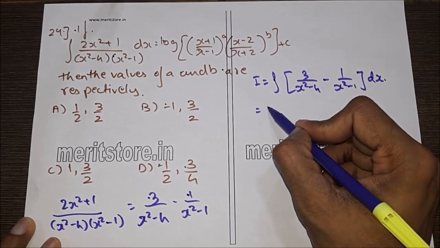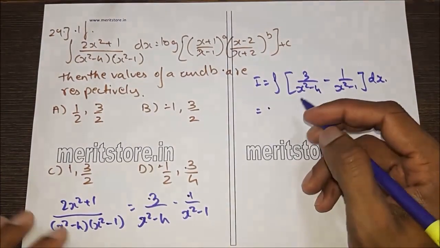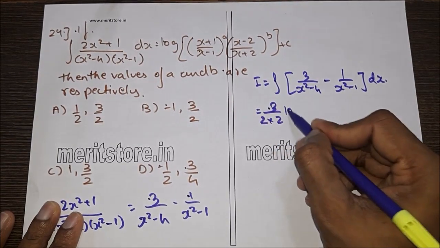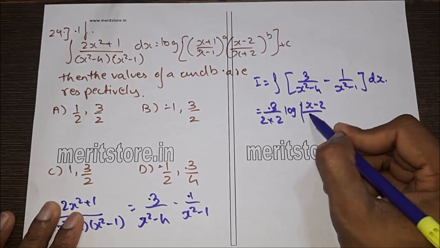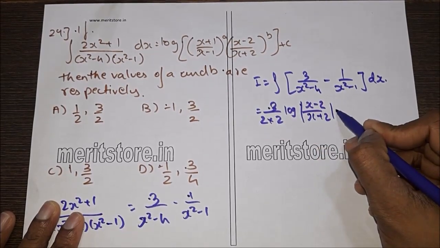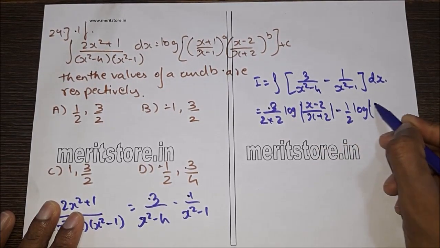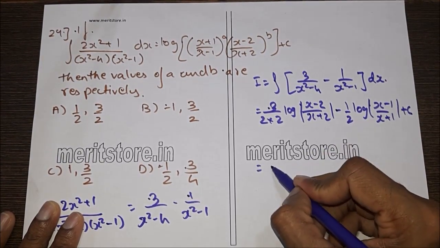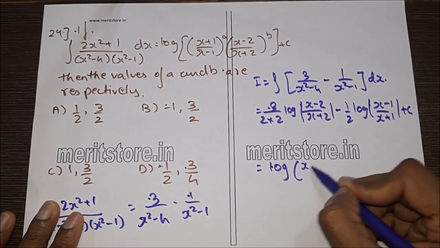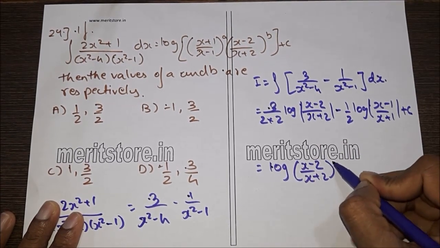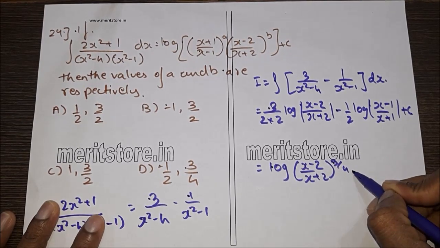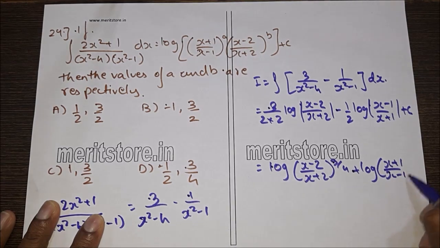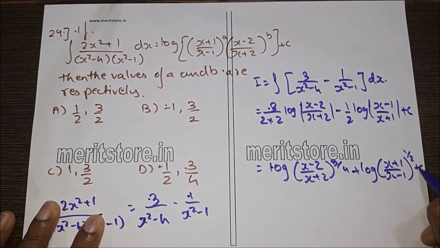If we integrate this, we get 3 upon 2 into 2 log mod (x minus 2) upon (x plus 2), minus half of log mod (x minus 1) upon (x plus 1), plus c. Therefore, on simplifying, log[(x minus 2) upon (x plus 2)] raised to 3 by 4, plus log[(x plus 1) upon (x minus 1)] raised to half, plus c.